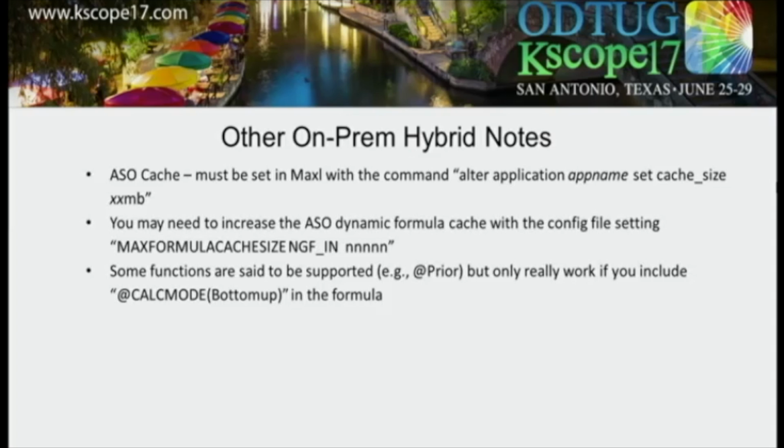This was interesting. At prior says it was supported. Well, it's supported with an asterisk. It's supported if the formula is bottoms up. Everybody know what that is? Essbase has two kinds of calculations, a bottoms up and a tops down when you're doing a sparse calculation.